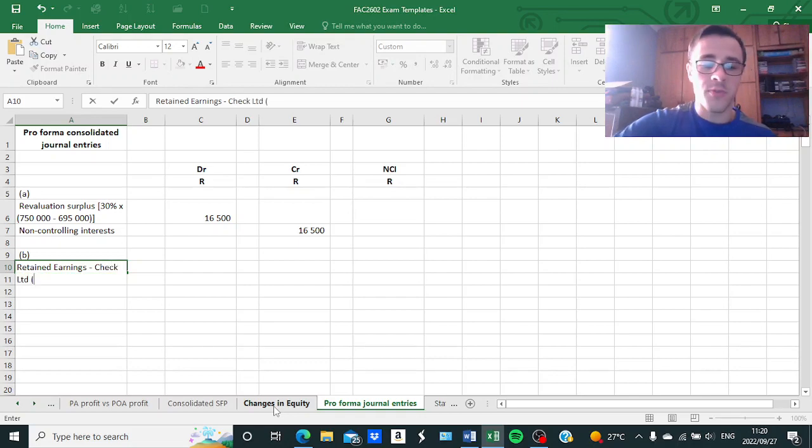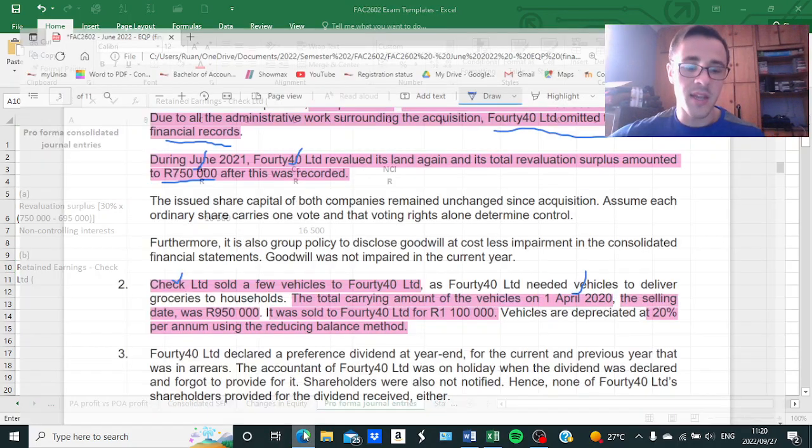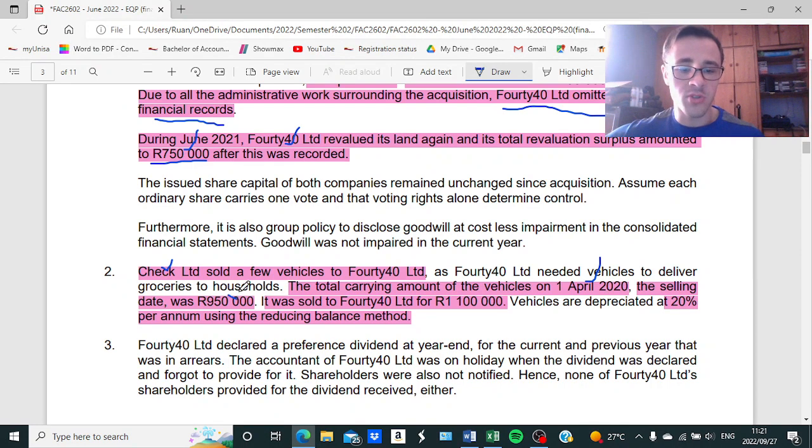And we first need to calculate the unrealized profit made. So it was sold for 950,000. Oh, sorry, that is not correct. It was sold for 1.1 million, and the carrying value on the date of sale was 950. So therefore, the vehicles were sold for more than their carrying values.